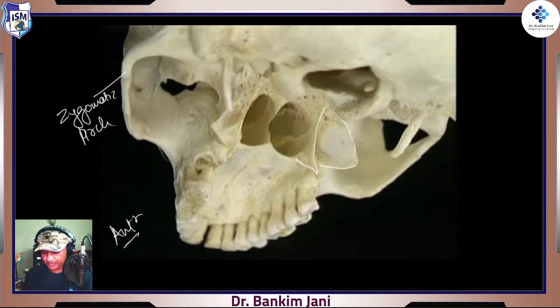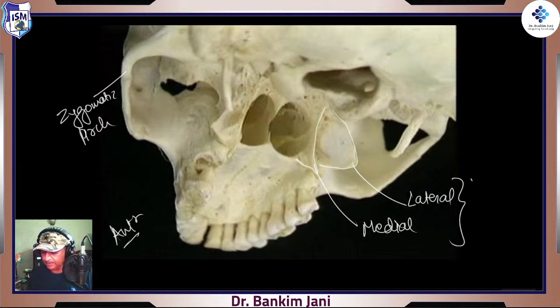We just talked about these pterygoid plates, they are located like this, right? There are two pterygoid plates. One is the lateral and the second one is the medial pterygoid plate.